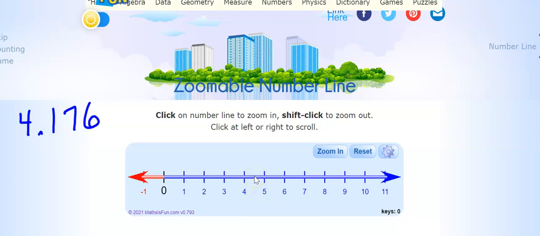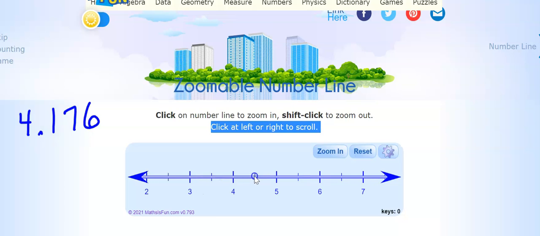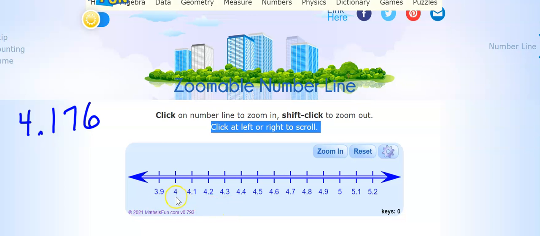So let's zoom in between 4 and 5. So here is 4 and 5. So what tenth is it going to be between? So I know I have 1/10 here, but I don't quite have 2/10.